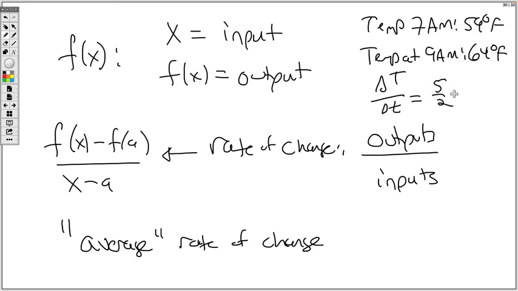There's your 5 halves, there's your 2.5, and what would the units be on that? The numerator is measured in degrees Fahrenheit. The denominator is measured in hours. This would be 2.5 degrees Fahrenheit per hour. That represents the average rate of change of increase in temperature. You follow or not? Does that mean it was going at a constant rate all the time? No. It probably was a little slower before the sun comes up. You follow? But that's an average rate of change.